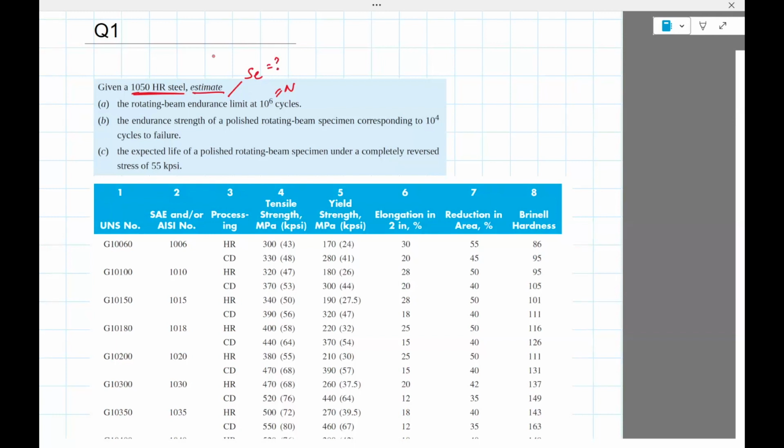This is asked. This is given, n is given. And the endurance limit of a polished rotating beam specimen corresponding to 10 raised to 4 cycles to failure. So we are again given the cycles.